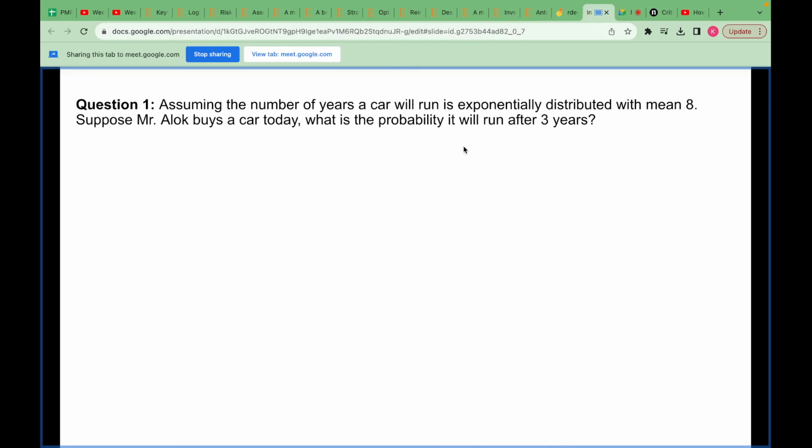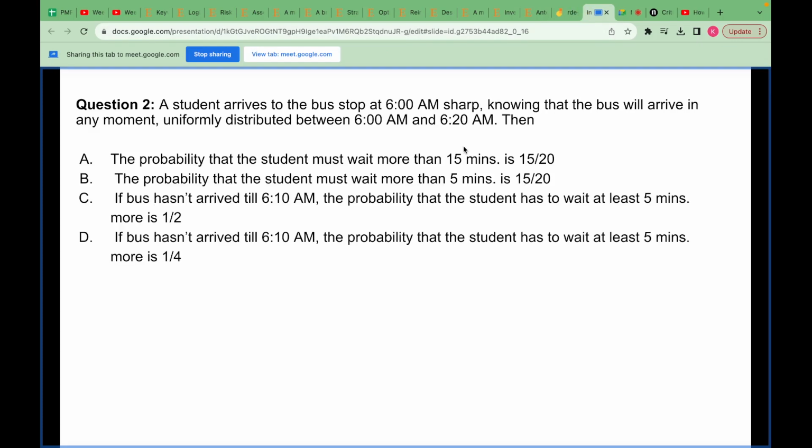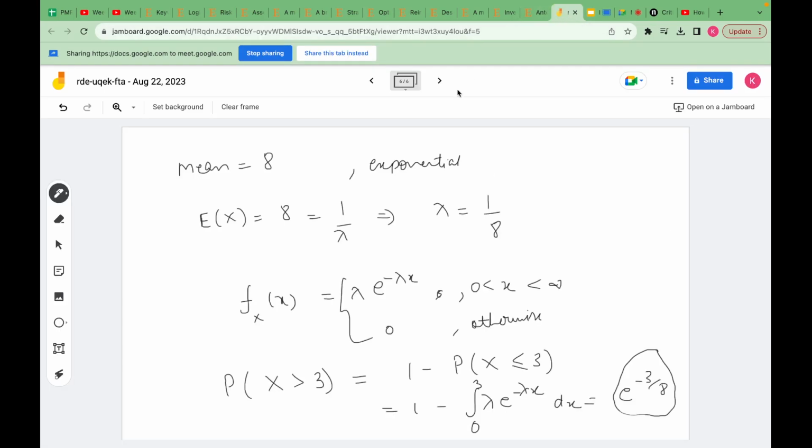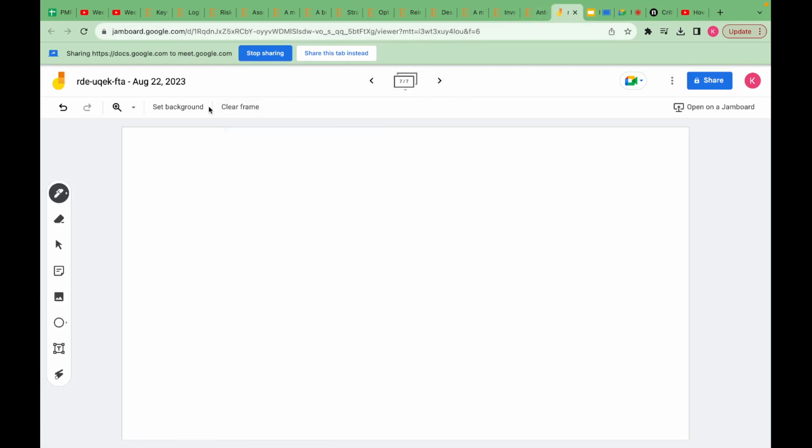Now moving to the next question: a student arrives at a bus stop at 6 a.m. sharp. Knowing that the bus will arrive at any moment, uniformly distributed between 6 a.m. and 6:20 a.m. So let's try to understand the question here first.